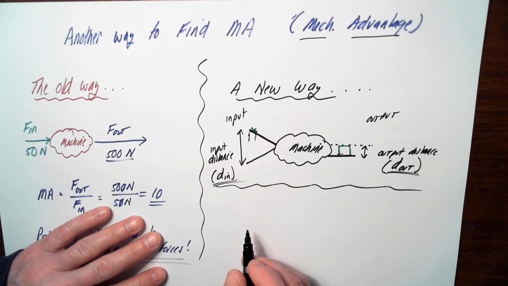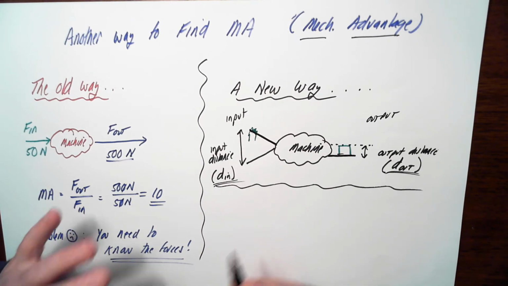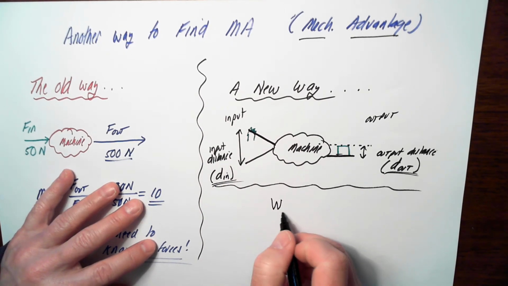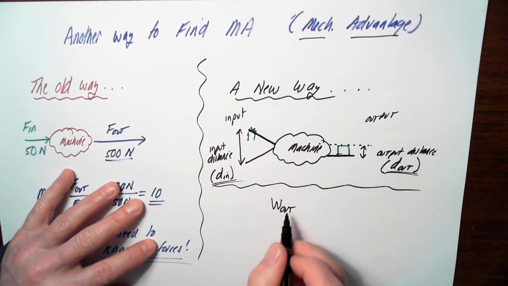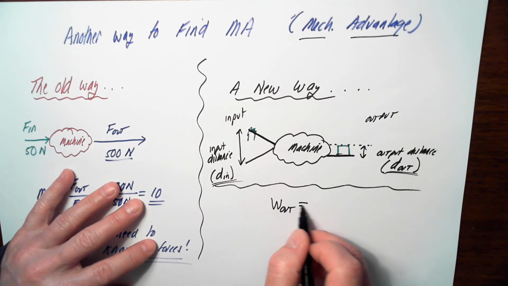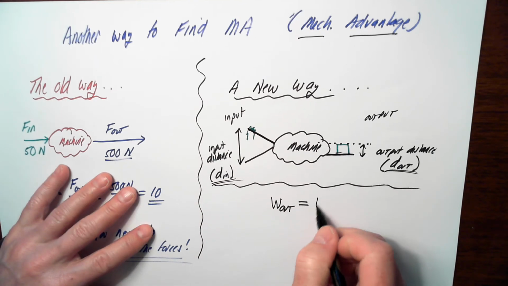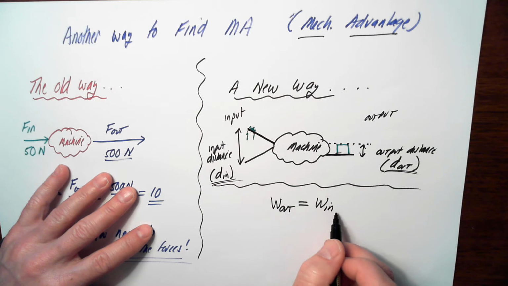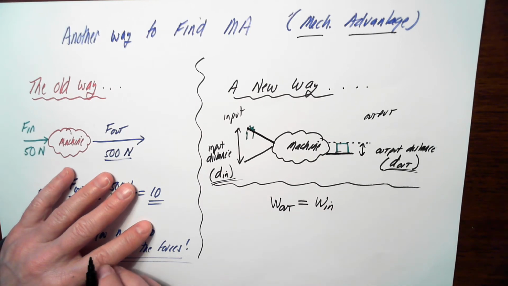Okay, so it all comes from this very fundamental absolute rule that best case scenario, the work, remember W is work, the work that comes out of a machine will never exceed the work that you put into a machine.